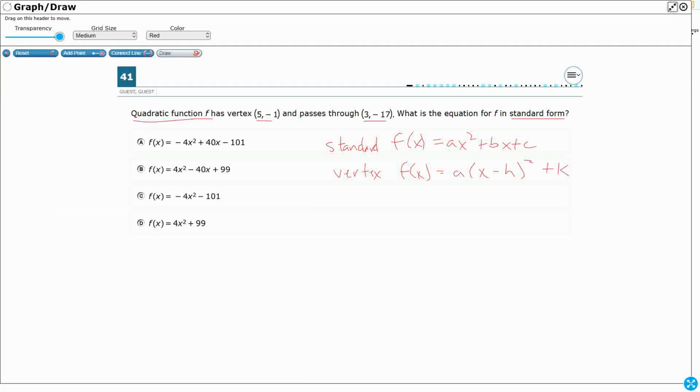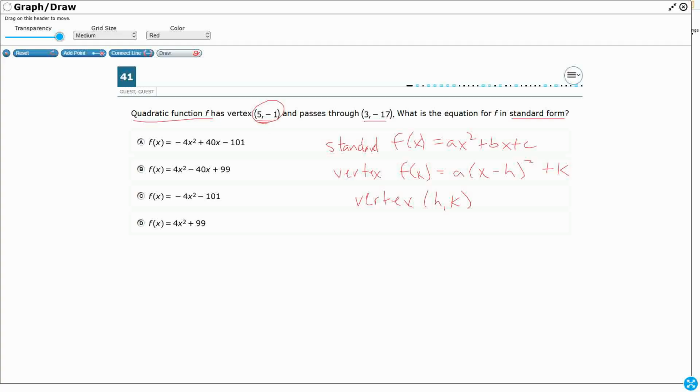Now, what they don't tell you, you still need to know coming into the test, is that your vertex is going to be (h, k). So if you can get it into vertex form, then the h value is going to be the x coordinate of the vertex, and your k value is going to be the y coordinate of the vertex.